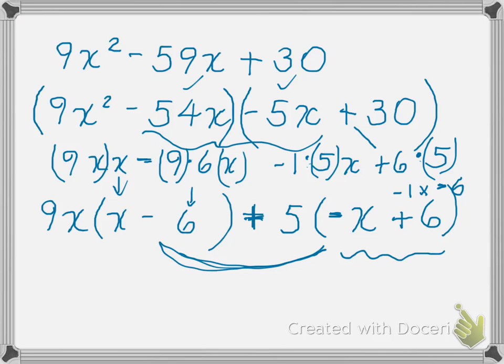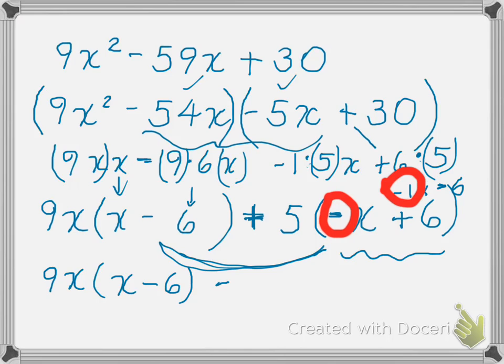So over here, we'll keep this, and we'll take out a common factor of -1 here. Here's a -1 and here's a -1. We're going to take that common factor out. When we take it out, we have -5. This now is a plus x, because it changes to the opposite sign. So we're now multiplying by a negative. And over here we're left with -6, because we took out that -1.